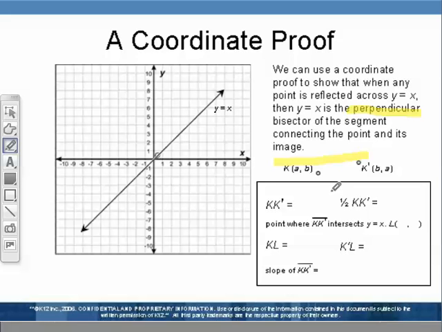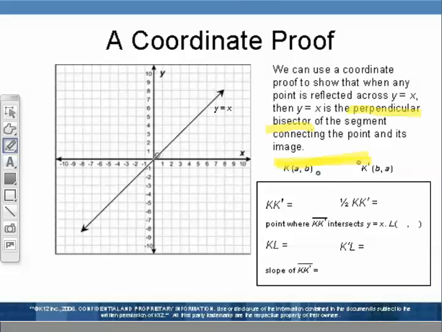If their slopes were negative reciprocals or their product was -1, then we would say that we have perpendicular lines. If we want to show that they are bisectors of each other, we could use the distance formula and find the distance from the 2 points, and that would tell us whether they were being bisected, divided in half.